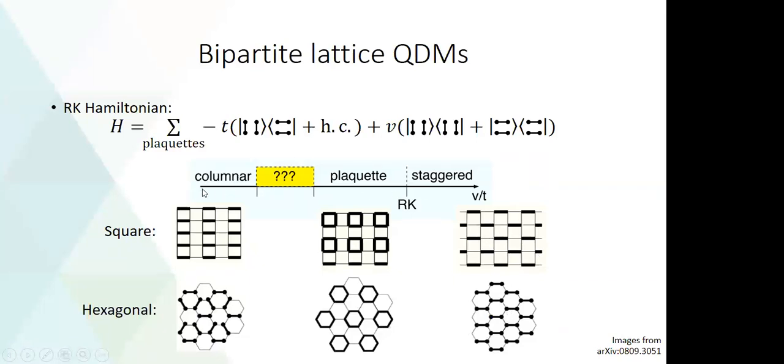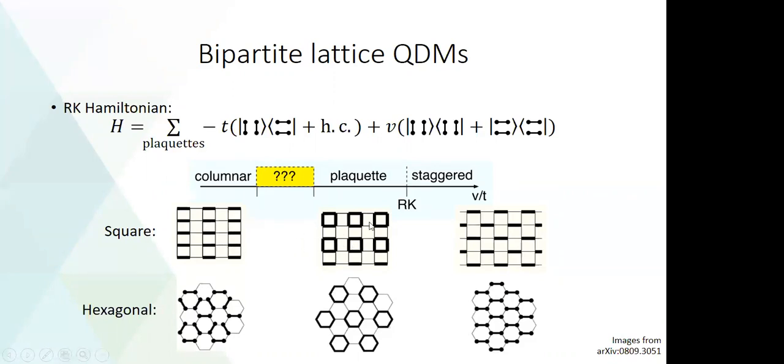Here we have the columnar phase, where all plaquettes are flippable. Here is the plaquette phase I just mentioned. And here, in the question mark, we might have some crossover from columnar to plaquette. That's, I think, what is believed for the square lattice.